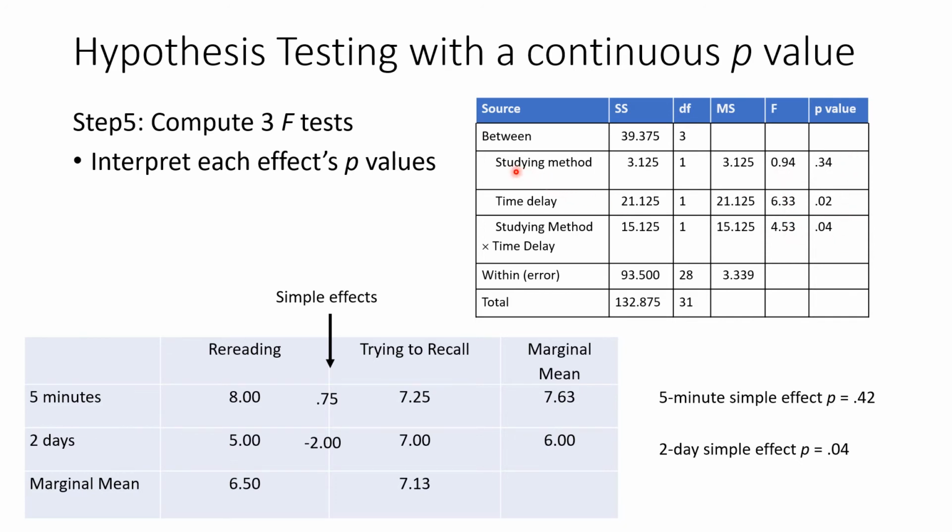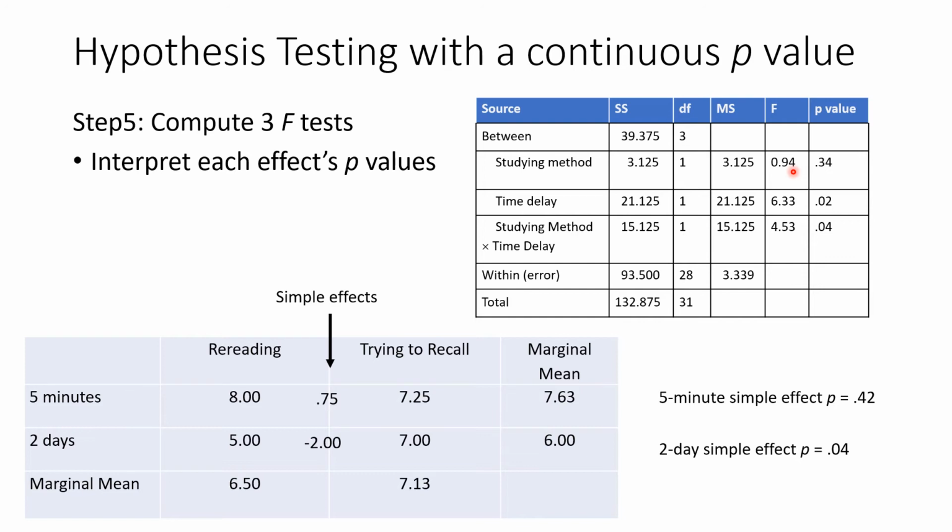So let's start with interpreting the main effect for study method. Again, that's comparing the marginal mean for rereading to the marginal mean for trying to recall. And this f value is 0.9. Again, if the null is true, we expect to get something close to 1.